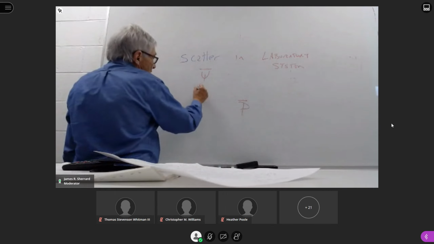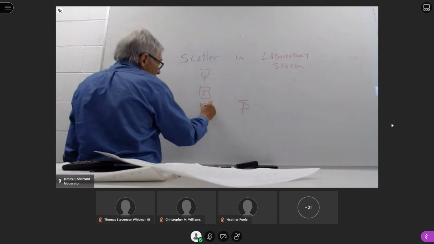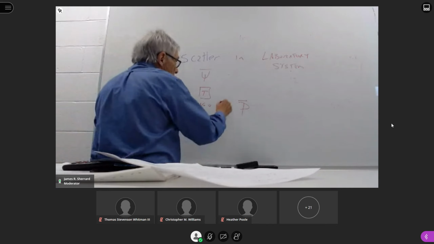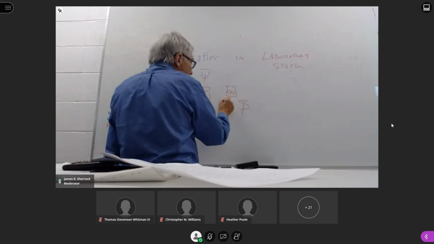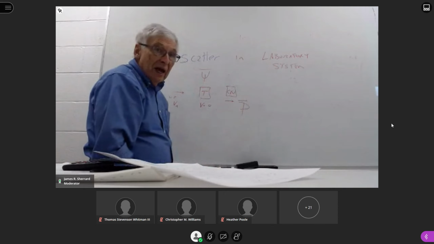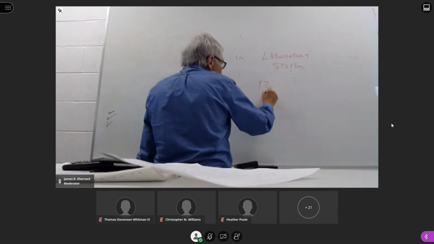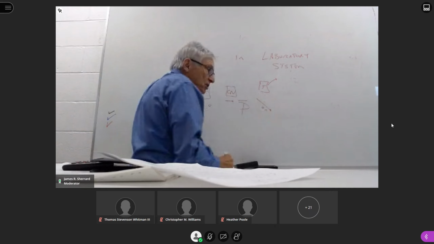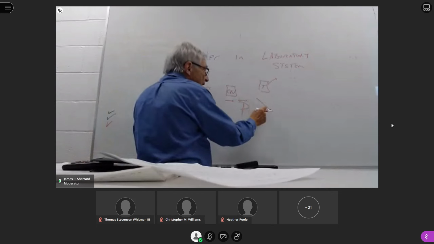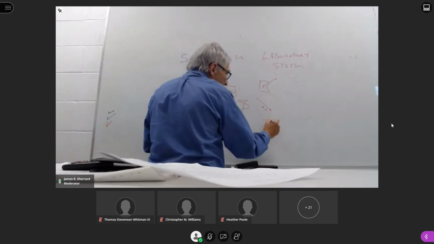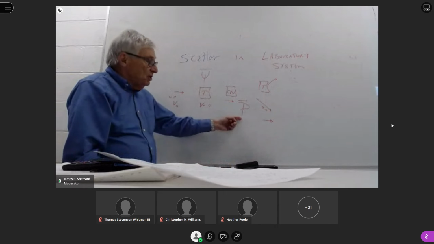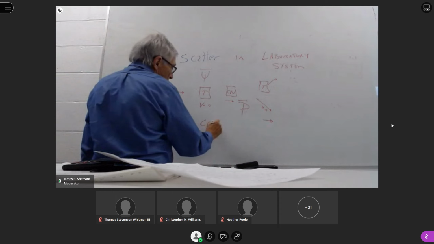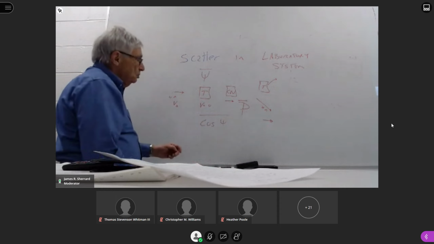So when you're looking at this, with the target being stationary, the neutron coming in with some velocity in that direction, then the compound nucleus, by this principle, must move slightly in that direction. So when you look at the target as to how it's scattered, the neutron and how it's scattered, this vector plus this vector must be a slight vector going in that direction, again, because of conservation of linear momentum.